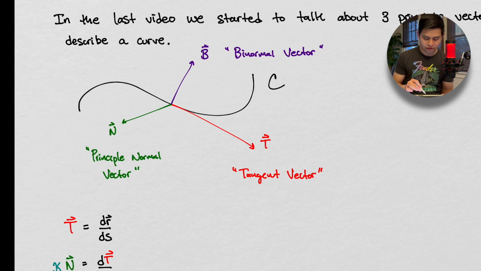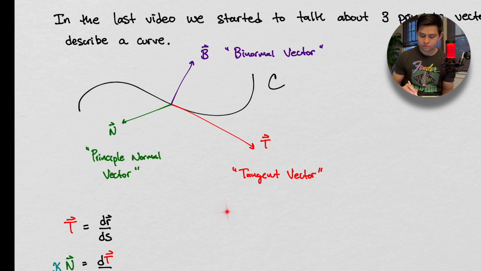The principal normal vector is going to tell us something about how the tangent vector changes. So that's sort of the second derivative, if you will, of the position. And that is going to tell us something about the force that a particle experiences as it's traveling along a curve. And we talked about that earlier as well.